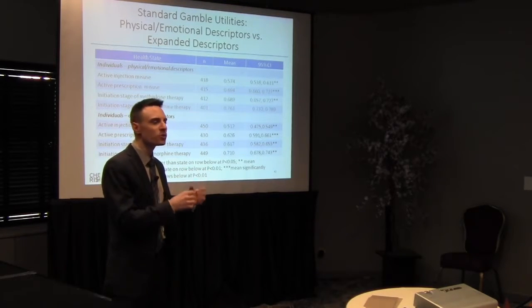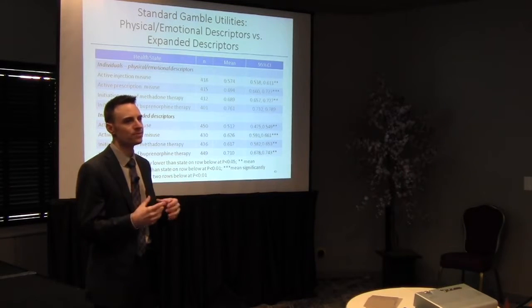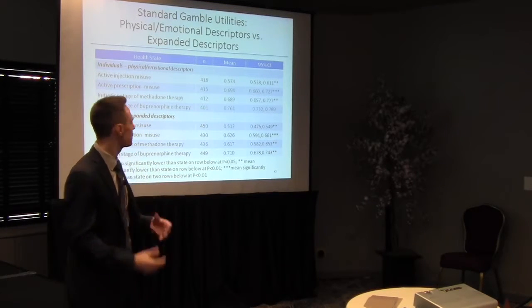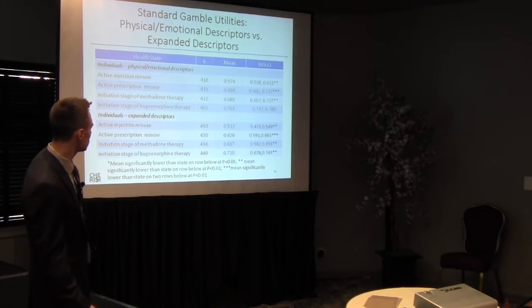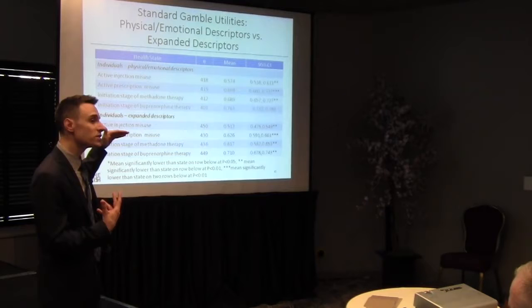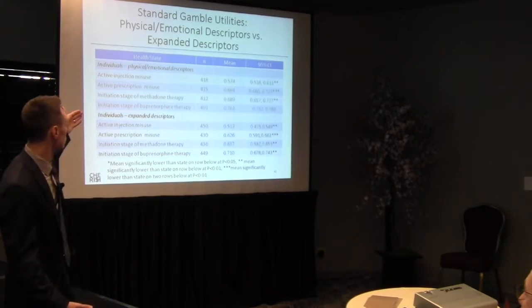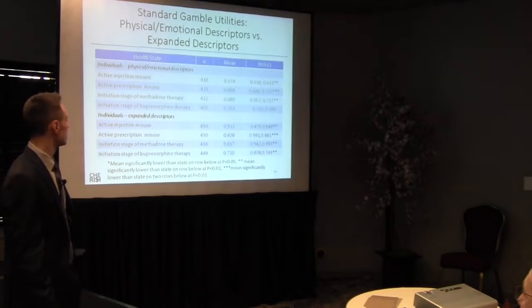So it's not just your health, but there are also these other things that you're probably going to have trouble with, essentially. And you can see that those all tended to lower these utility values below what they were without those expanded descriptions.